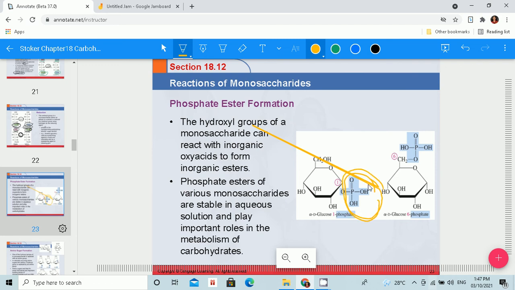Inorganic means it has no carbon. So we form inorganic esters from oxyacids.